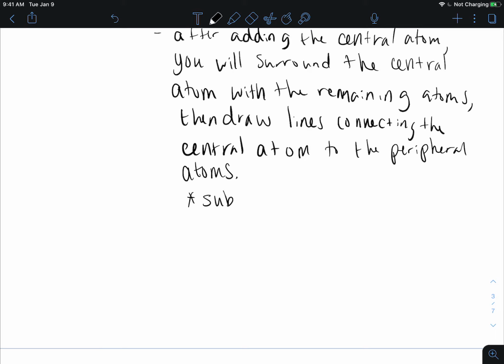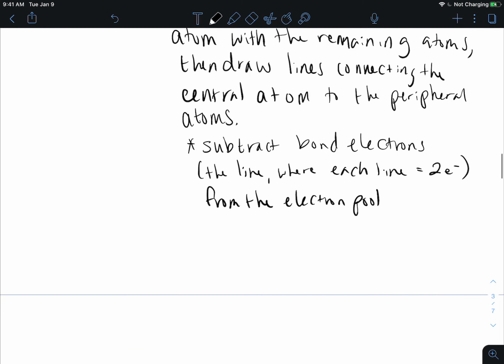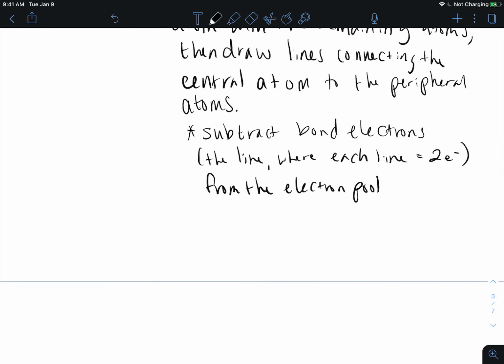So subtract bond electrons, where each line is equal to 2 electrons, from the electron pool. So it's the first thing we've removed from our electron pool.